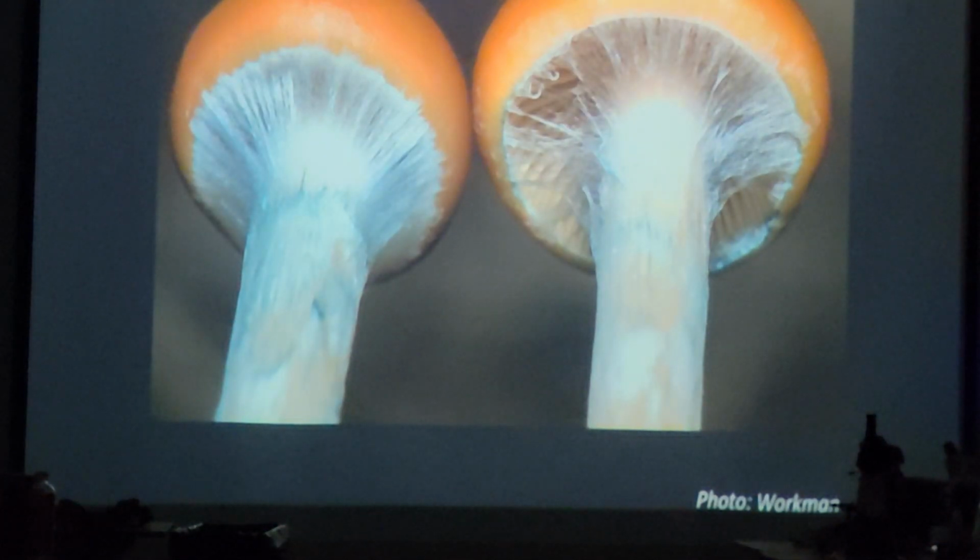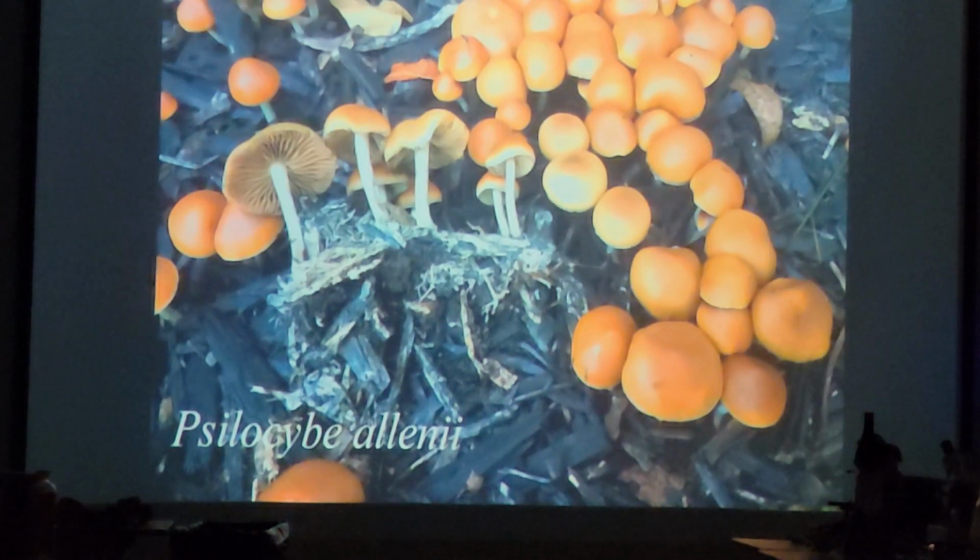So these Psilocybe azurescens have a coordinate partial veil. And then another one is Psilocybe allenii, and this grows all the way up and down the west coast in woodchip landscaping. It has these hemispherical caps. It stains blue really strongly, and it's very potent. When I find stuff like this, I take all of the caps, cut the stems off, put them on tin foil, and let them sit overnight.